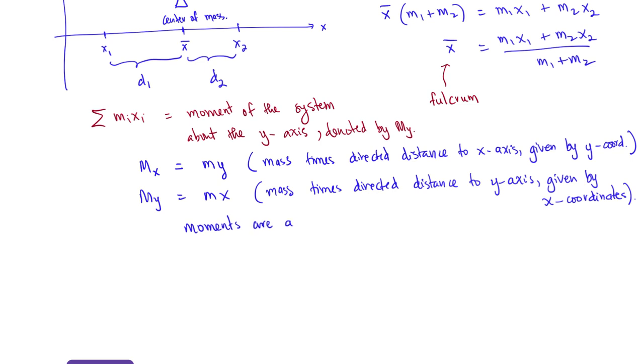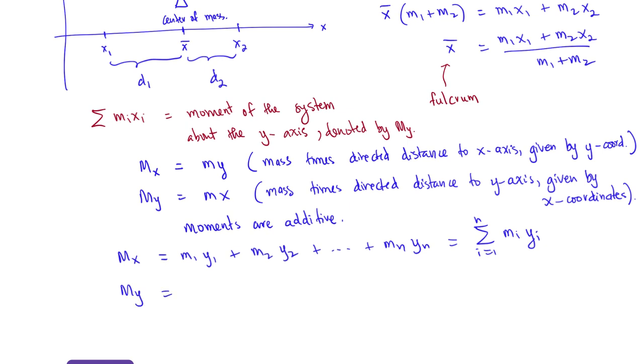Moments are additive. That means we can add them up. And so the moment about the x-axis is m1 y1 plus m2 y2 plus all the way up to mn yn. So it's the sum as i goes from 1 to n of mi yi.